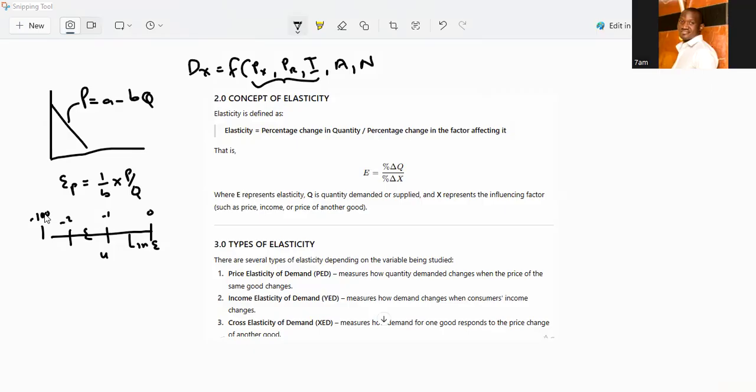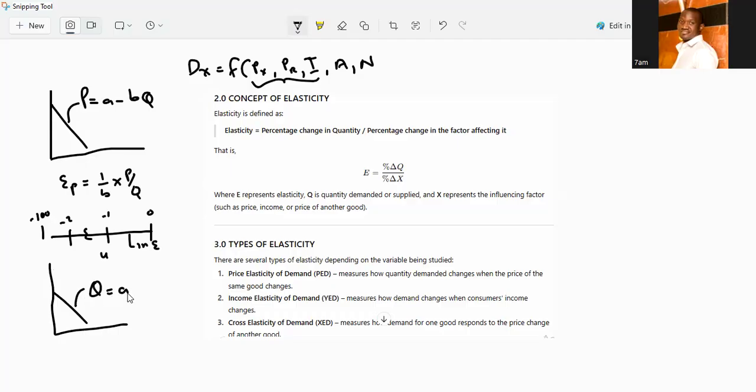All right. If that is clear, we now go to other calculations. So elasticity can also be calculated by a direct demand function. This direct demand function looks like this. So quantity is equal to what?